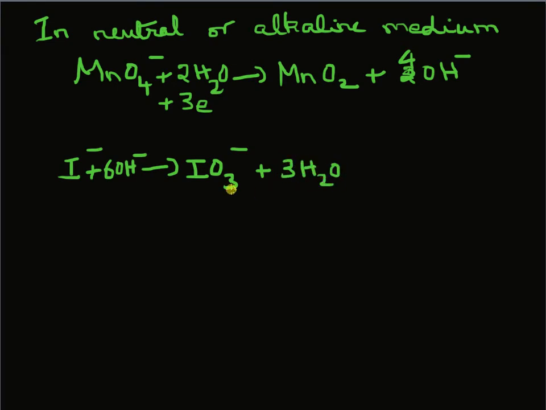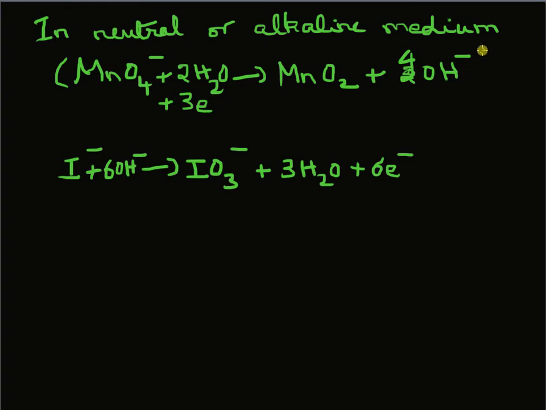So totally how many oxygens do we have on this side? 3 plus 3, 6. Here also 6 oxygens. So it is balanced. To balance the charges, you have 7 negative charges on this side, only 1 negative charge on this side. So we will add 6 electrons. Right. Now your reduction half reaction has 3 electrons and oxidation half reaction has 6 electrons.